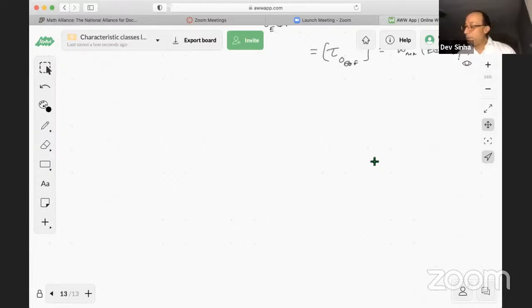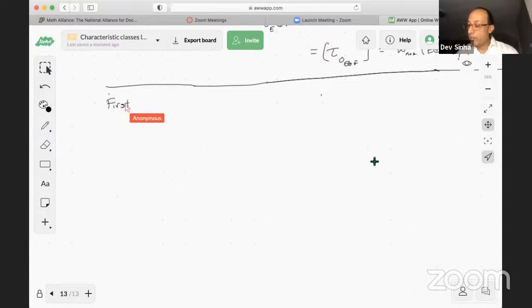So this takes care of all Euler classes, and so then the first non-Euler class. So our next case is going to be the first non-Euler class. And what that is, E and F are going to be rank 1.